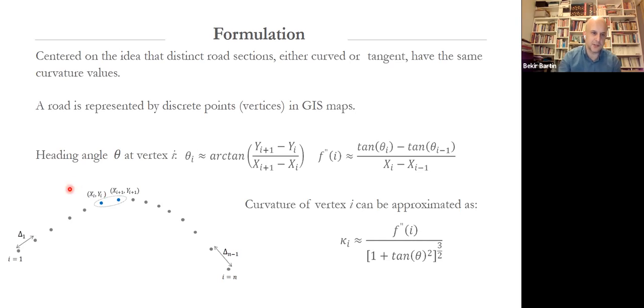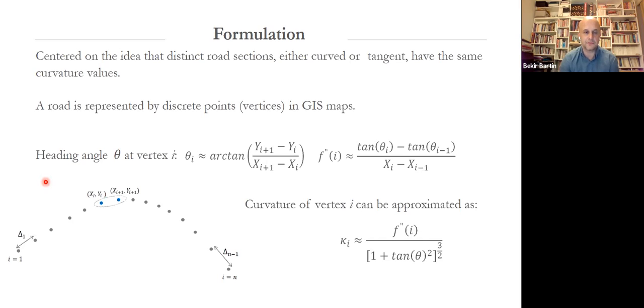So this is actually placed manually by someone. So you can extract those. You can also extract the X and Y coordinates of each vertex, and using the forward finite differences, you can calculate the heading angle.